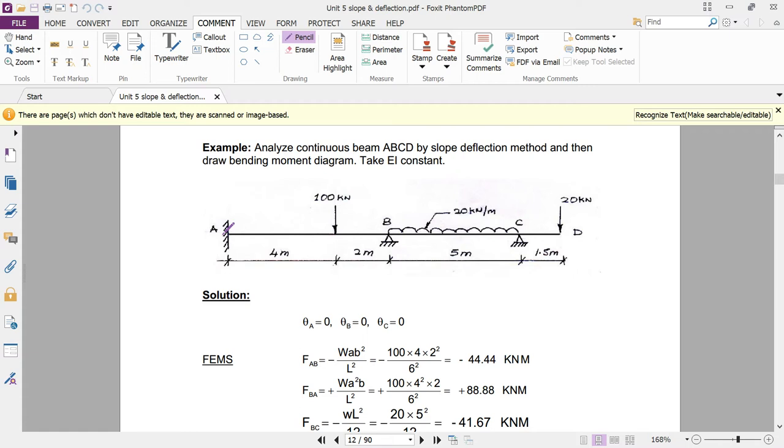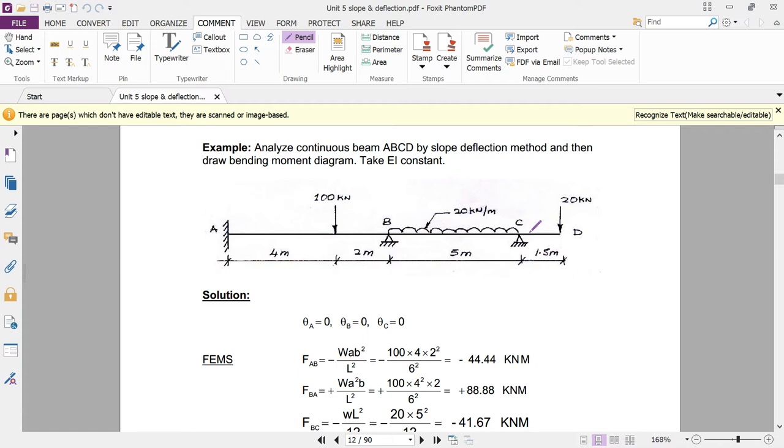Along with that, theta C is also an overhang portion. In the last numerical that we have seen, there was also a propped cantilever kind of case, but in that case the farther end is a hinge support. There will be no overhang portion.